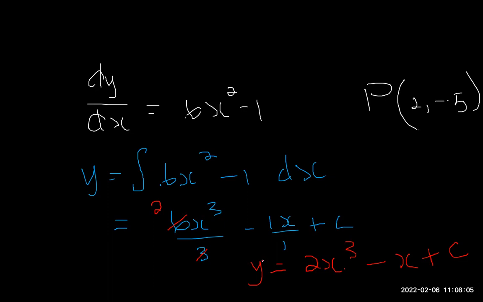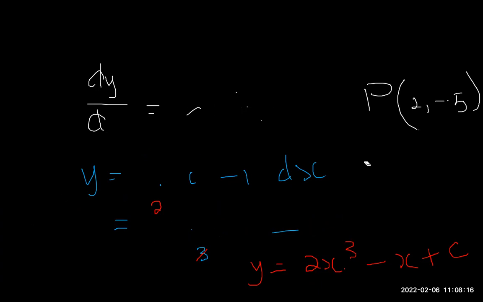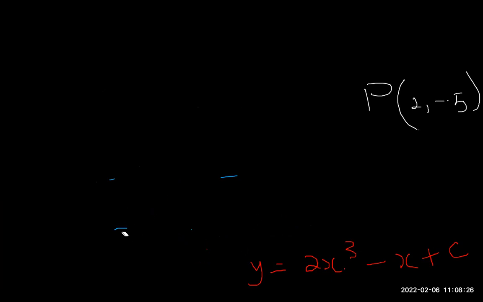So we got this, but we need to find the value of c. How do we do that? We use the given point. All I'm doing is substituting my value of x and my value of y into this equation right here to find the value of c.